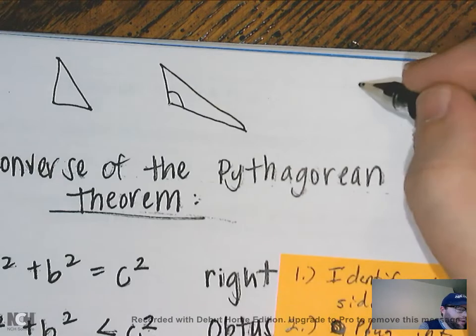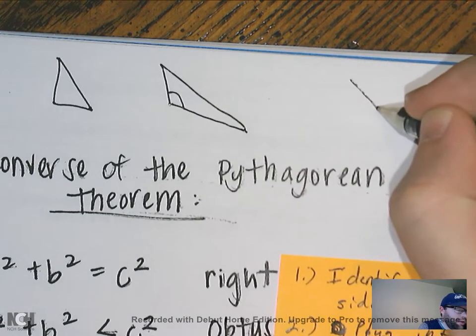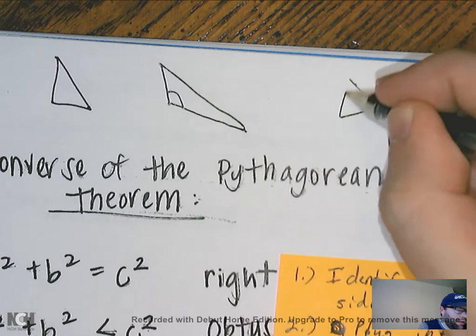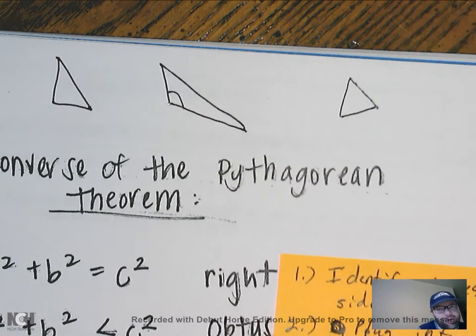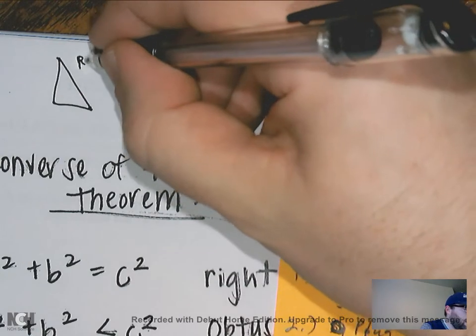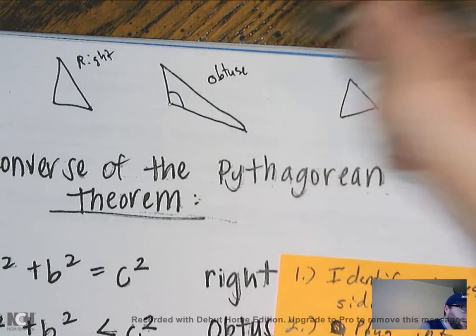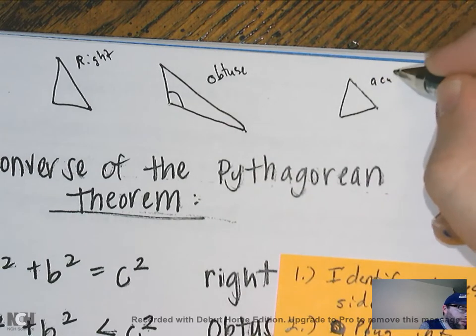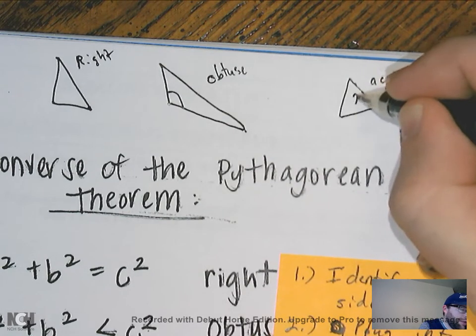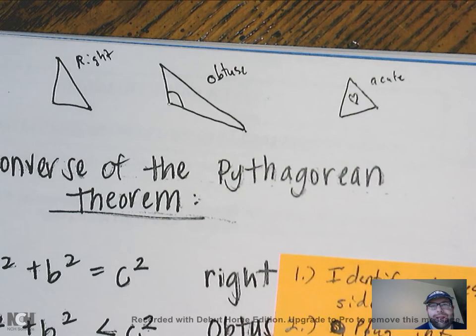But if the longest side is shorter than these two, like an equilateral triangle, that is an acute triangle. So this is a right triangle, this is obtuse, and this is an acute triangle. See? Such a cute triangle right there. It's very acute.